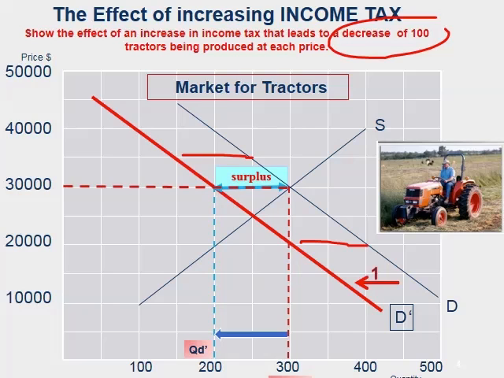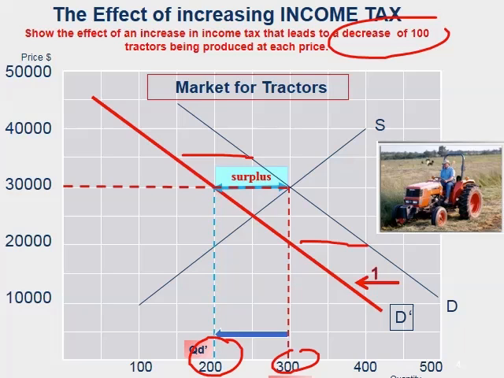There's now a surplus in the market at 30,000. How do we know? Because we know that quantity supplied has not changed. It's still 300. But we can see quantity demanded has decreased because farmers have less money to spend on tractors, because they're paying more income tax.